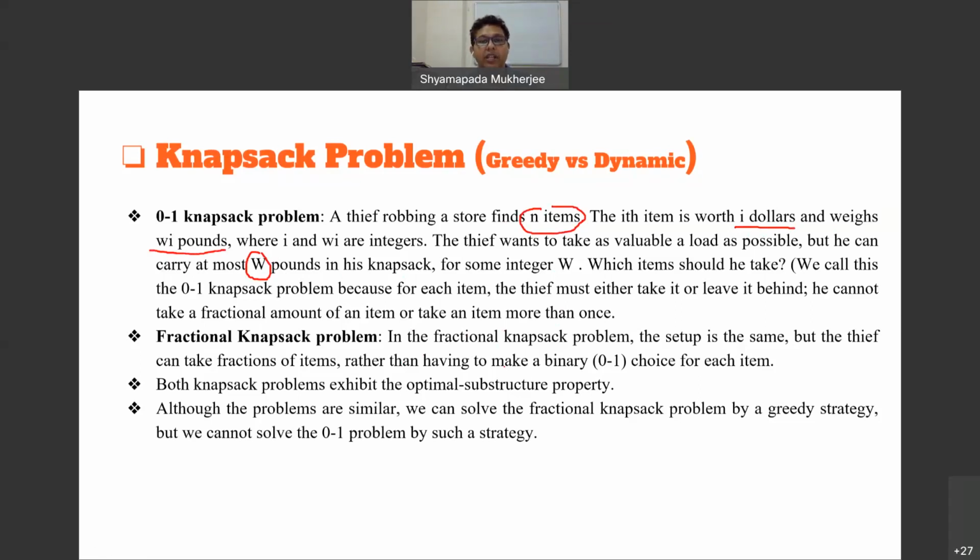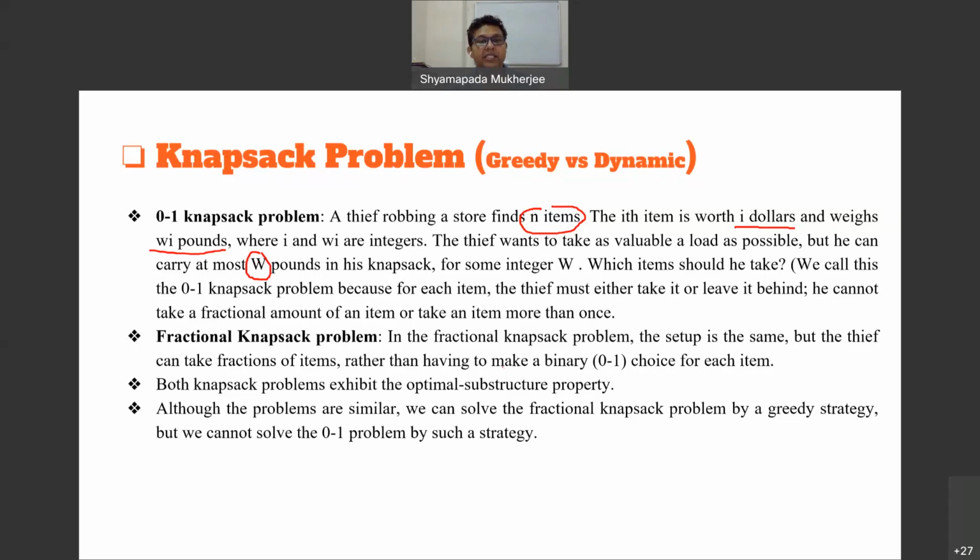He wants to take maximum profit by taking specific items instead of taking randomly. He wants to rob the items of maximum worth.